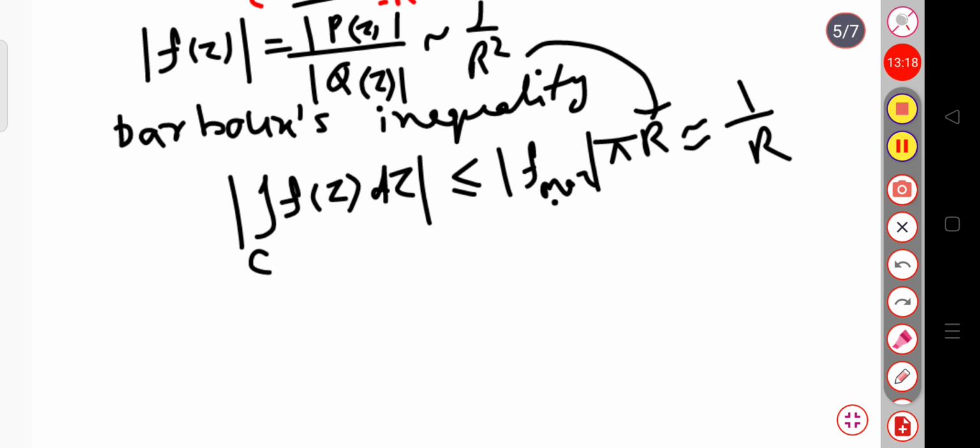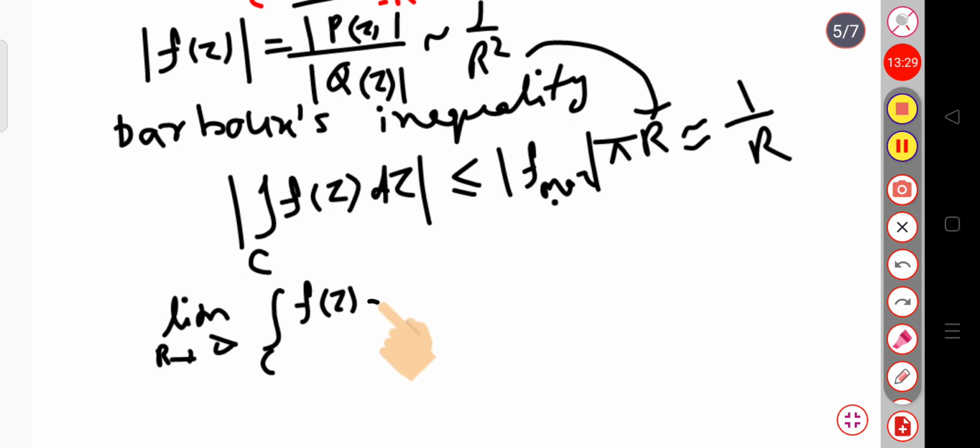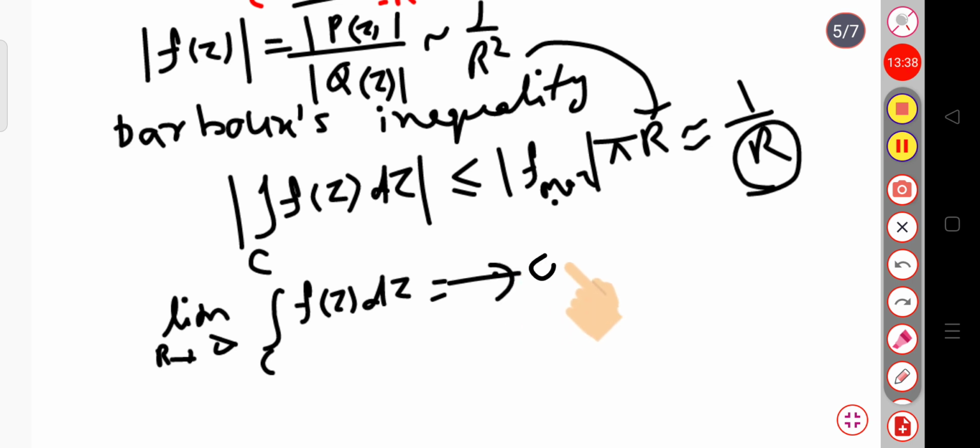And if I put the limiting value, that is r tends to infinity, for the closed contour C, the integral of f of z dz will go to 0, because this is 1 by r. So this will be 1 by infinity, which tends to 0. Are you getting my point? This value will go to 0.